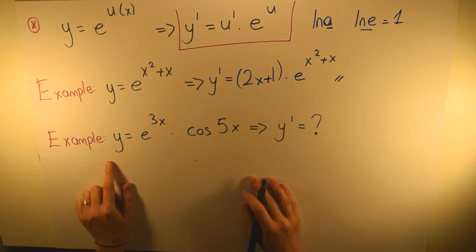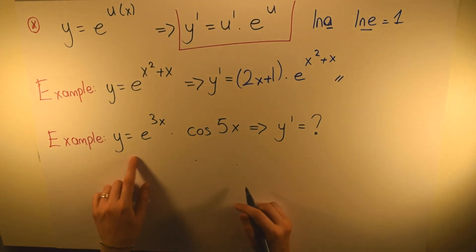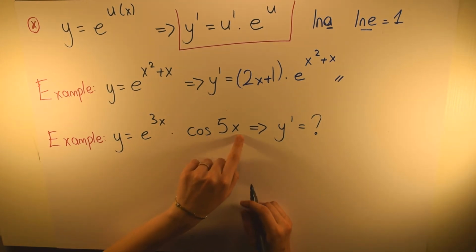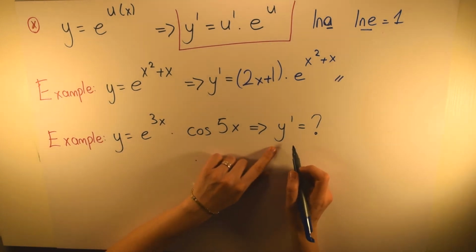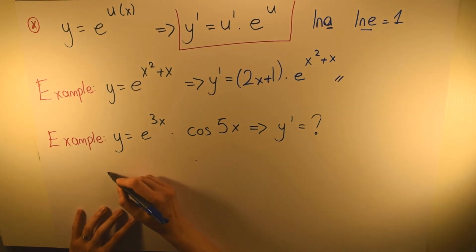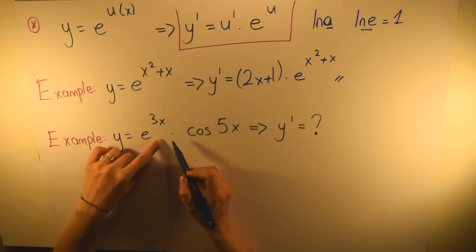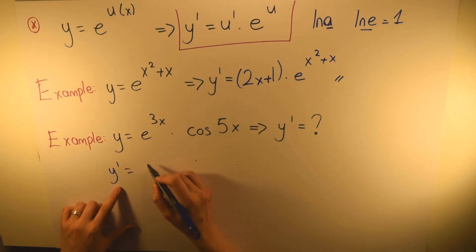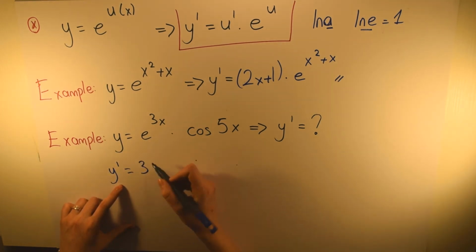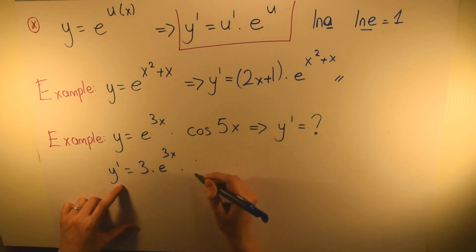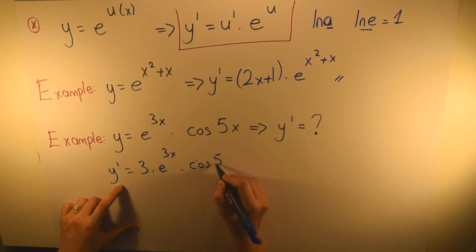So let's look at our second example. Here we have y is equal to e to the power of 3x times cosine 5x. So what is the derivative of y? We will apply the product rule here. The derivative of the first one, the derivative of 3x, is equal to 3, right? So 3 times e to the power of 3x times the second one, cosine 5x.